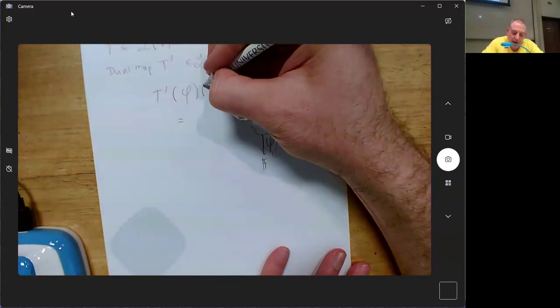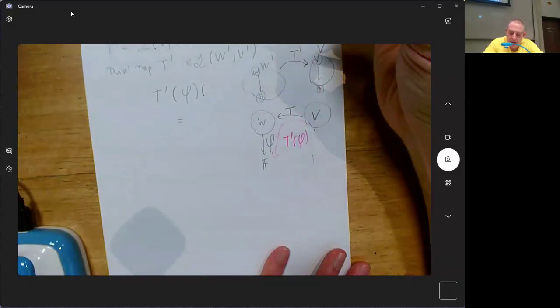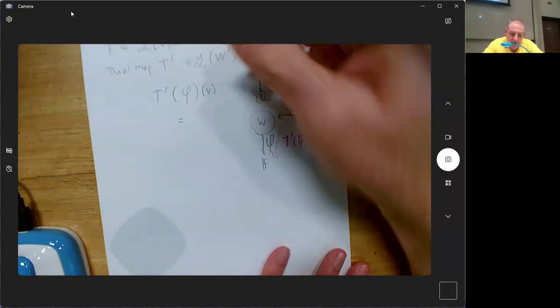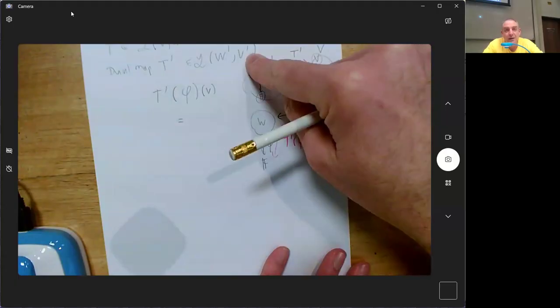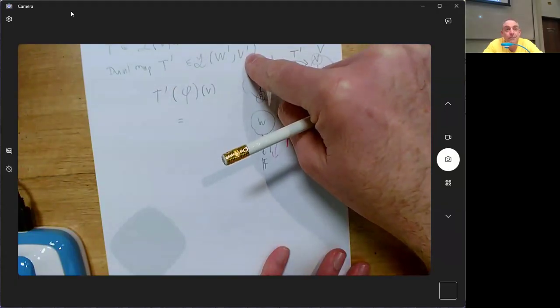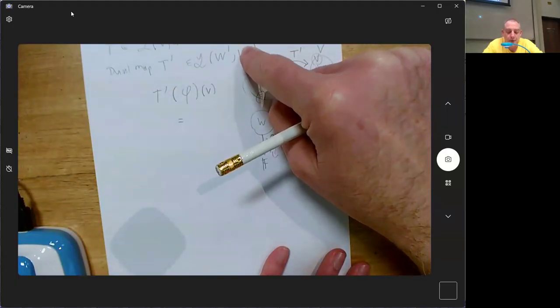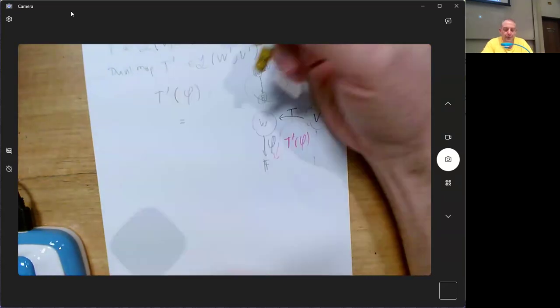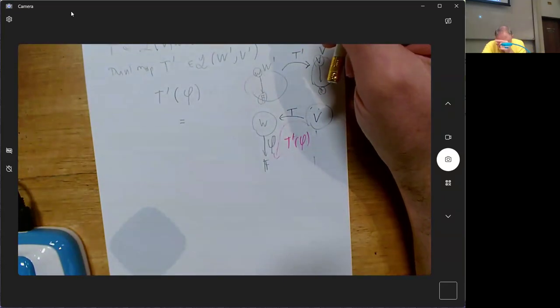So T dashed of phi acted upon something in V, because T dashed is something in V dashed. Like, no, I'm wrong, just a second. Yep.